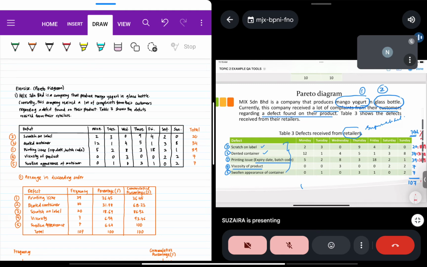And the last one, 7 divided by 107, 6.54. So this one is 6.54. Okay.